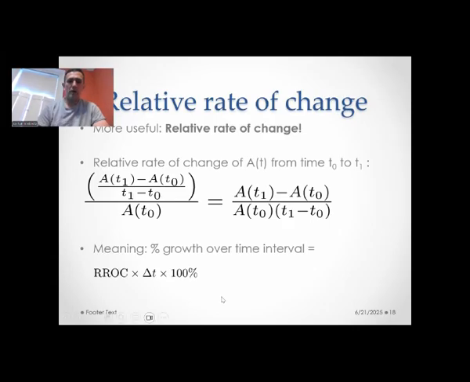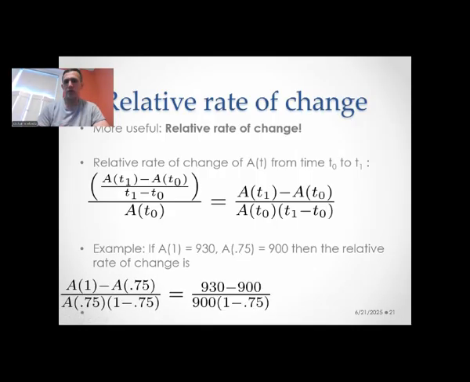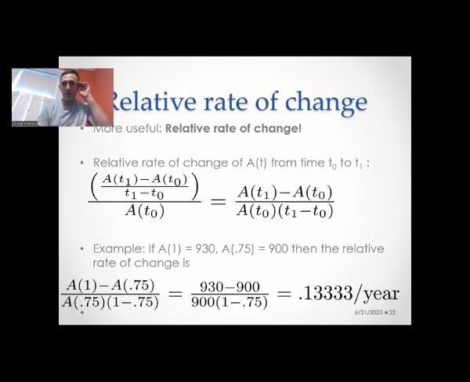And so remember the example we did before: if after 1 year we have $930, and if after 9 months we have $900, then the relative rate of change, just plopping into the formula, is going to be 0.13333, the threes continuing on, per year.